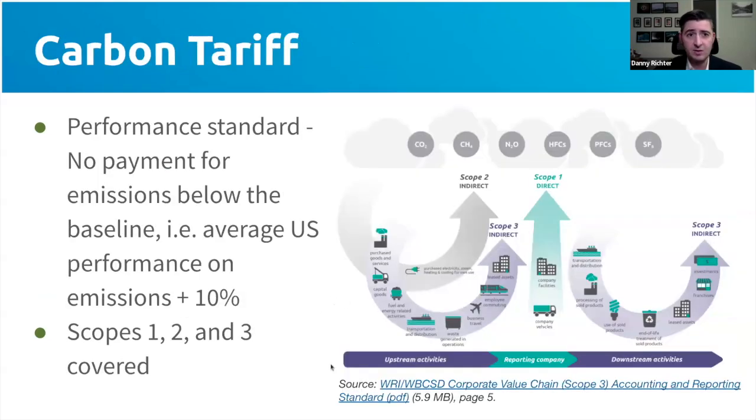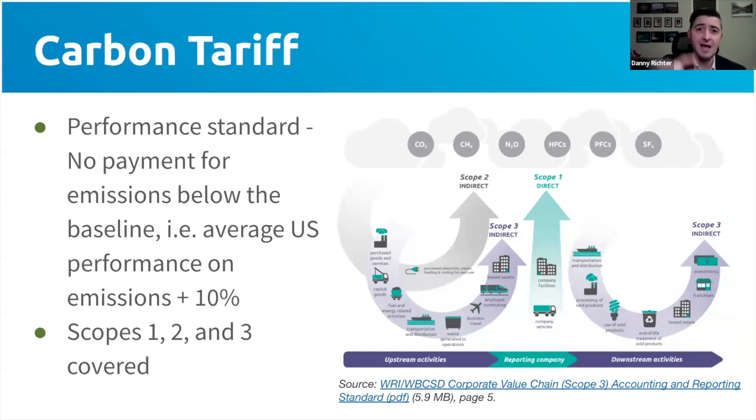Let's begin with the carbon tariff. It is a performance standard, meaning that there is no payment for emissions below the baseline. And the baseline is the average US performance on emissions plus 10%. So if you are a country emitting 9% more than the US baseline, you don't pay any tariff.